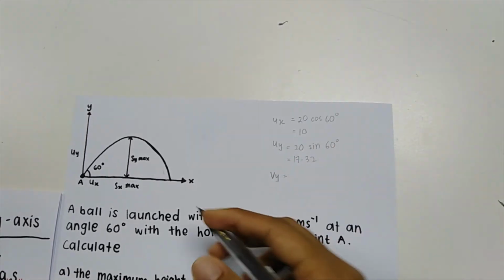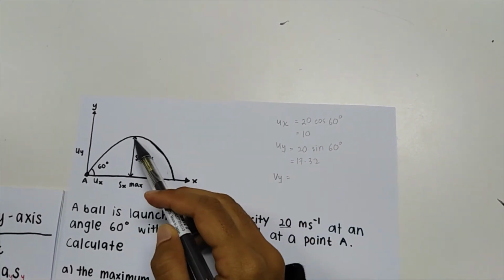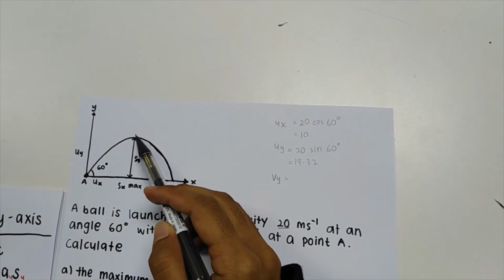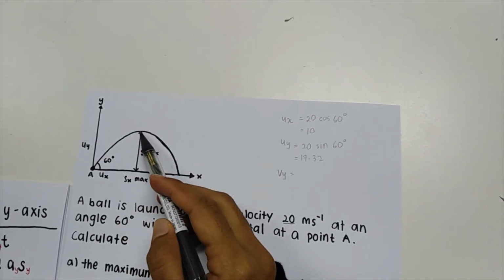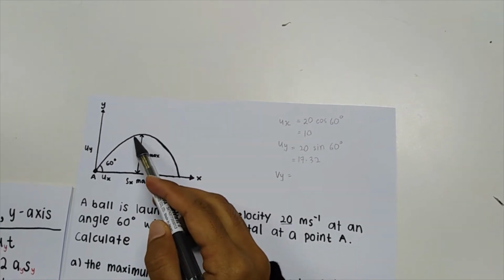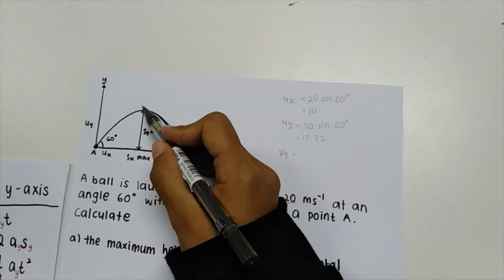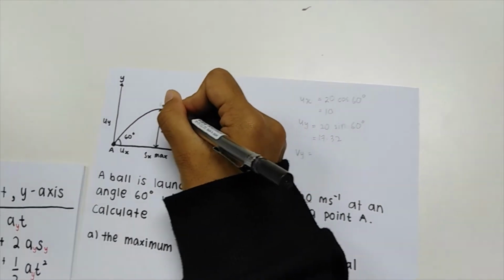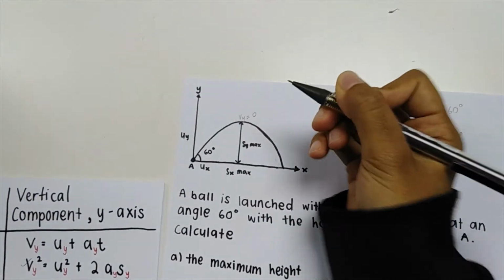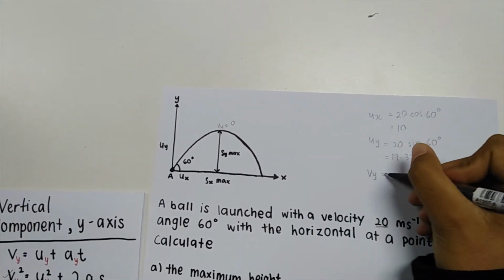For Vy, which is at the maximum height, I mean the highest the ball could reach, Vy will equal 0. It will always be 0.